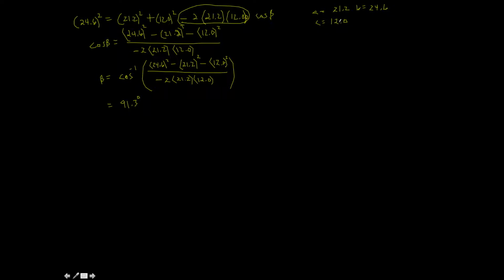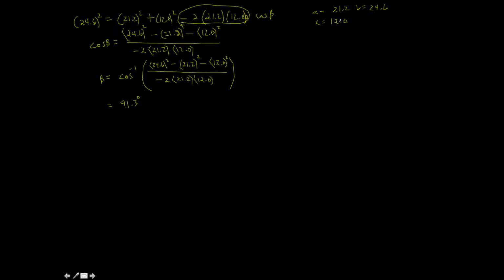Okay, so we found one angle. Now we need to find one of the other angles. It doesn't matter which one we choose, since beta is obtuse, there can only be one obtuse angle, so the other two are going to be acute. That means when you type it in your calculator, you're going to get the correct angle with either one.